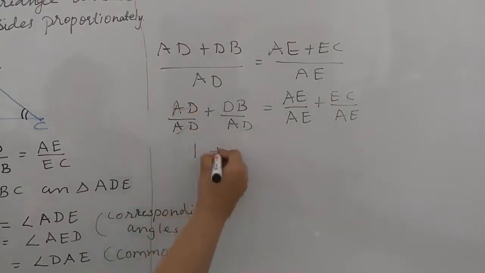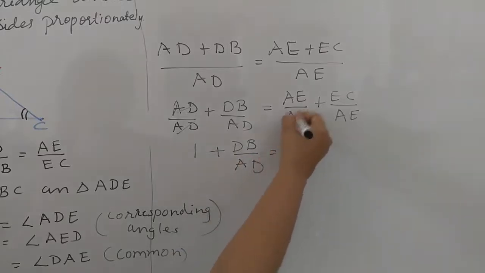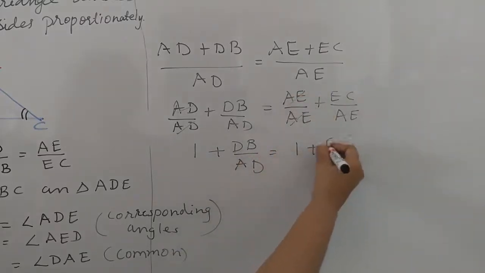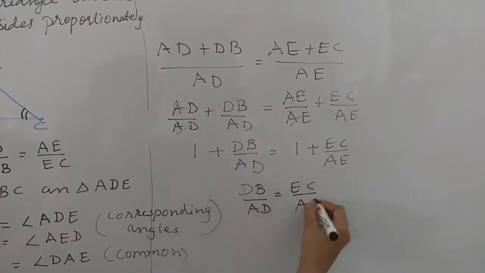So writing 1 plus DB upon AD is equal to, here also, 1 plus EC upon AE. Now on both the sides the 1 also gets cut. So what we are left with is DB upon AD is equal to EC upon AE. This is what we have left.